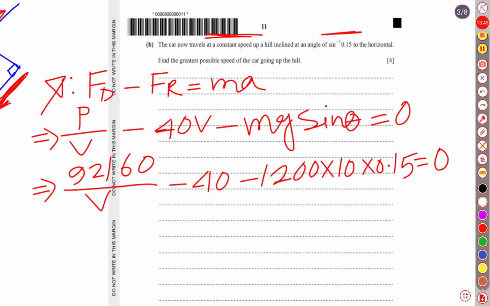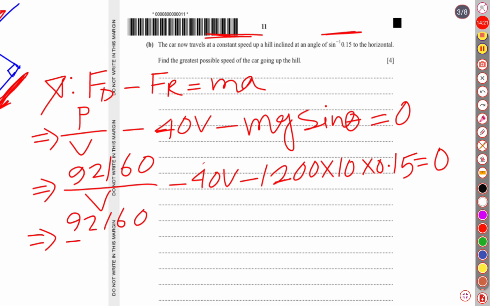After that, if we keep on calculating, look, it's not only 40. K was 40, so we should not avoid V. It should be 40V. Yes, 40V.